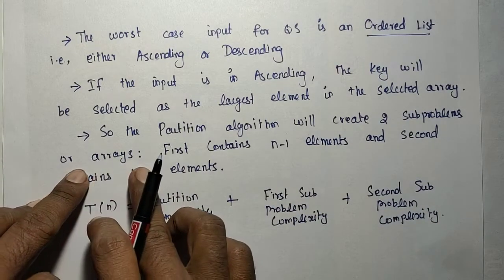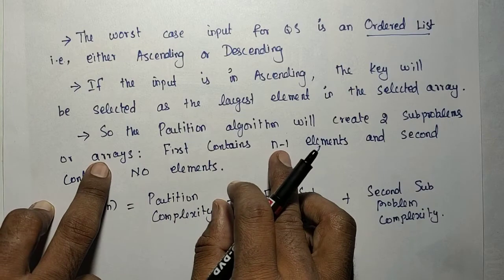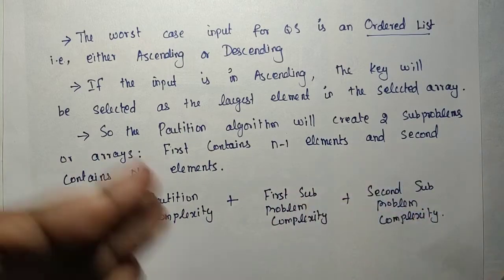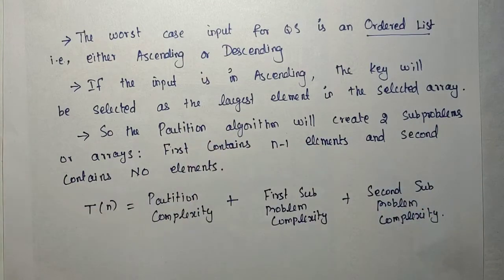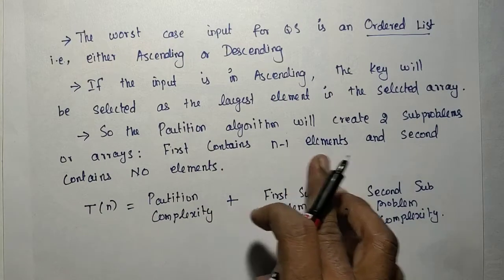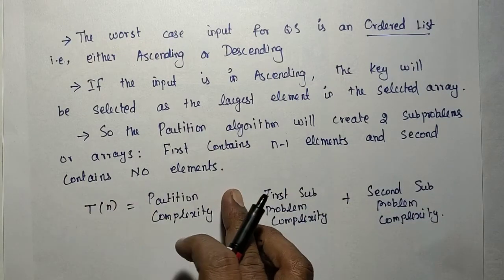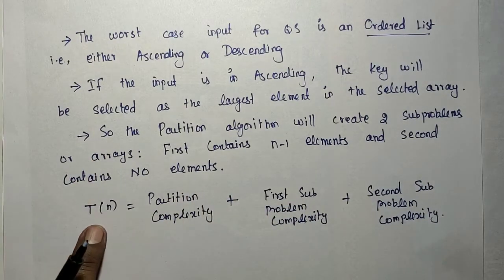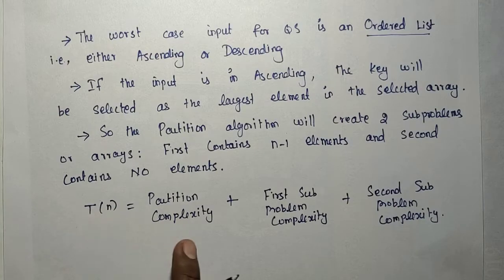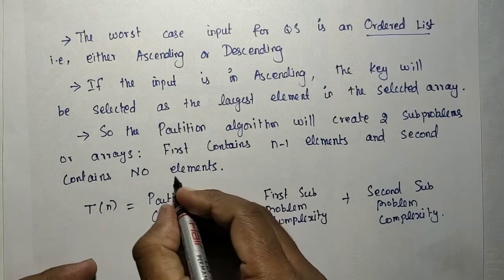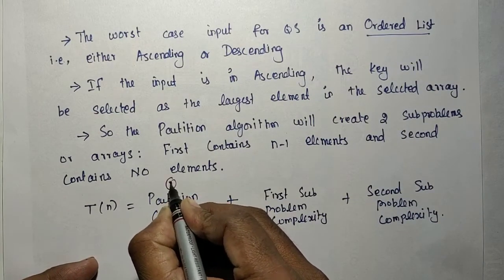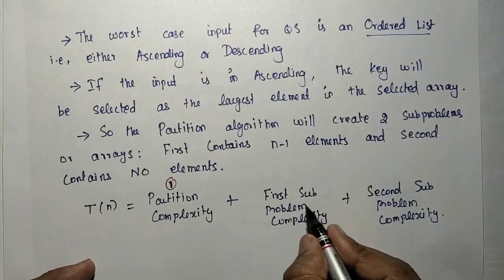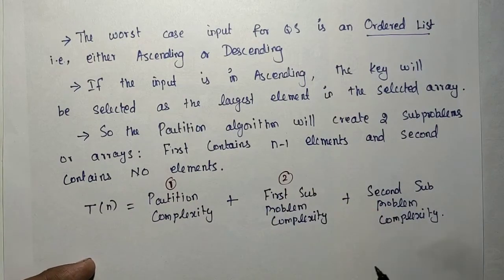The two subproblems are two arrays. The first subproblem contains n minus 1 elements, because all the elements are less than that key, so they will be on the left side. And the second contains no elements. If you are considering this case, the complexity of the quicksort T of n equals the partition complexity, the three steps 1, 2, 3. One is the partition complexity. Second step, quicksort of the left side, the first subproblem complexity.